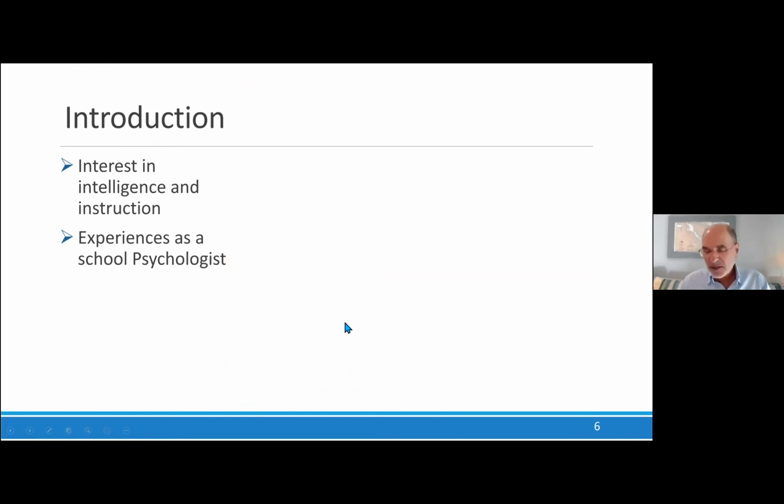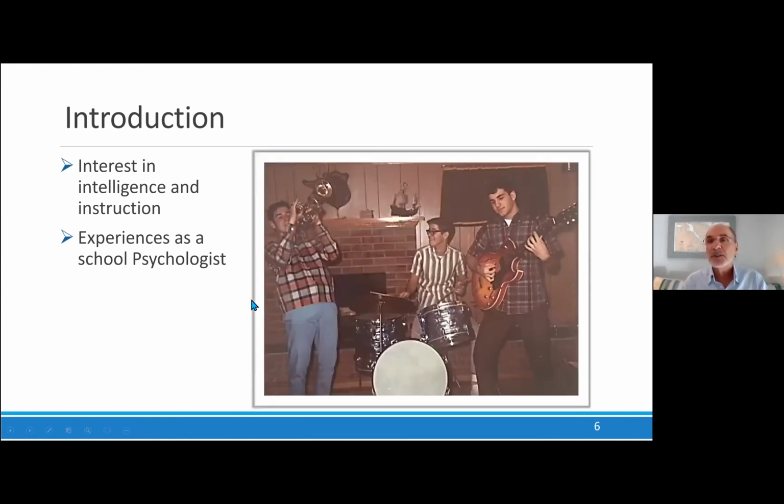It might surprise you to know that I actually became very interested in how people learn in my first profession, which was not psychology at all. I was a professional musician, and I started playing professionally when I was 17. This was the first band I was ever in. This is a couple of years before I grew my beard.